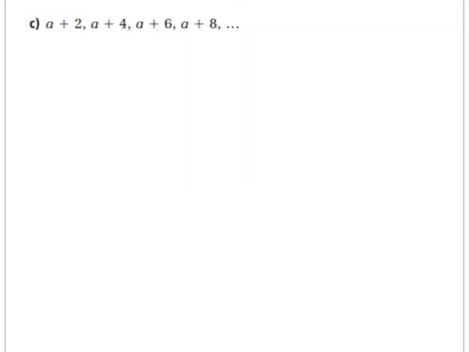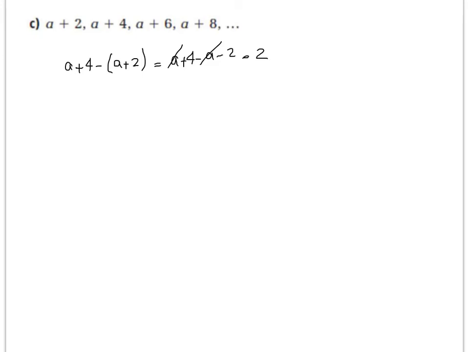The next question is a plus 2, a plus 4, a plus 6, a plus 8. First we check if it's an arithmetic sequence, so we are going to say (a plus 4) minus (a plus 2), which is the previous term. I get a plus 4 minus a minus 2. The a cancels out, so 4 minus 2 is 2.